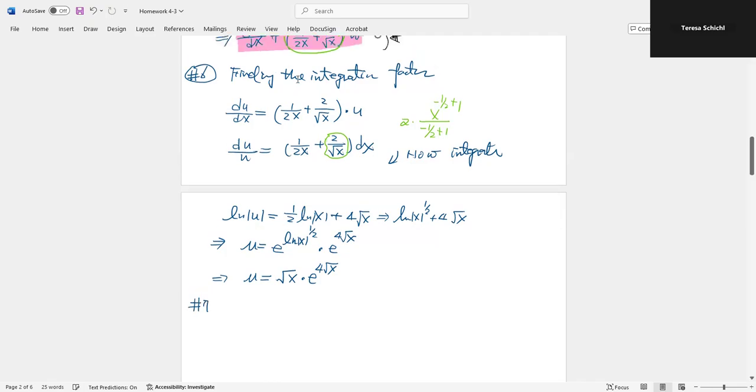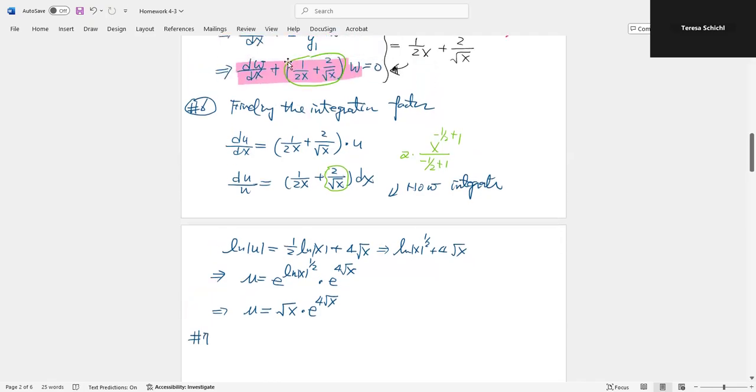Remember the one I highlighted in pink here, right? Now I need to multiply this integration factor times both sides. Okay, so let's be very careful here. I'm going to go to these pink ones, right?